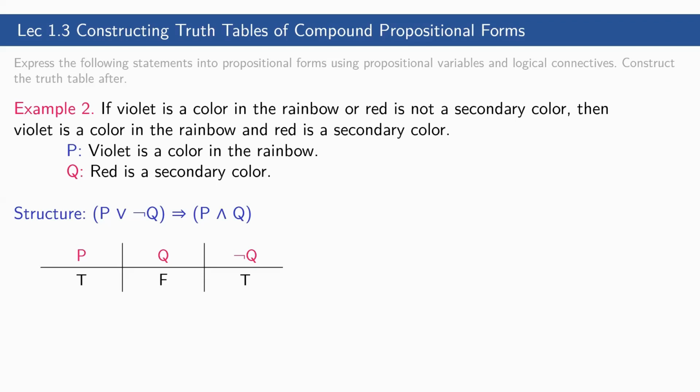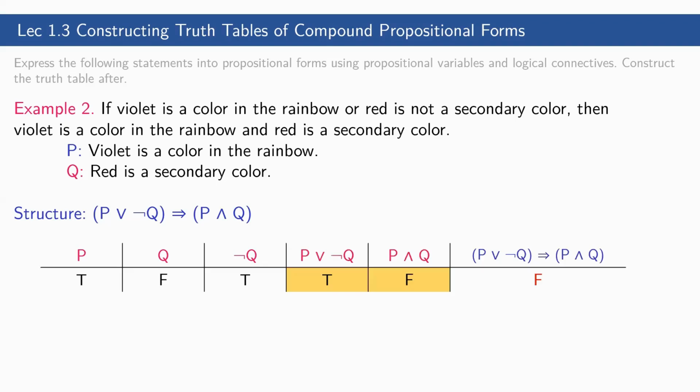Now we need not Q. Not Q is true. Next, we have the P or not Q. P or not Q, both true. So that will be true. And then P and Q, true and false, that will be false. Now, when we combine them together to form an implication, true implies false will be false.